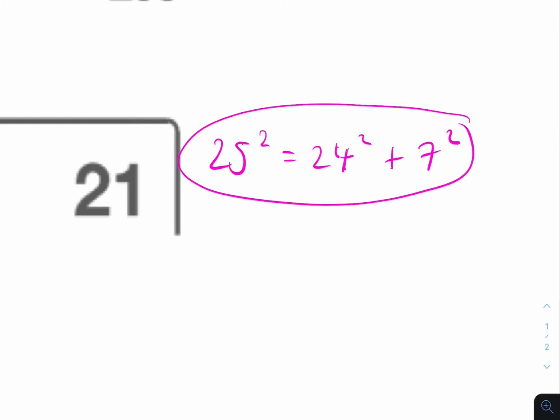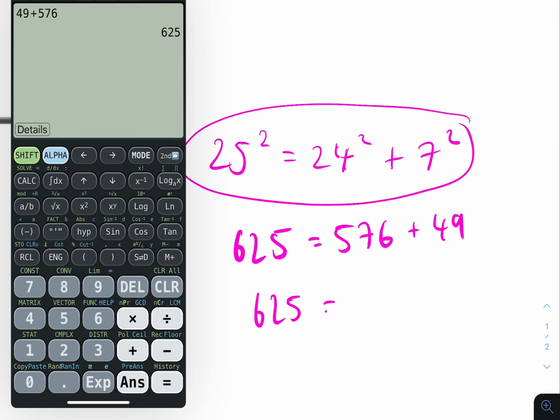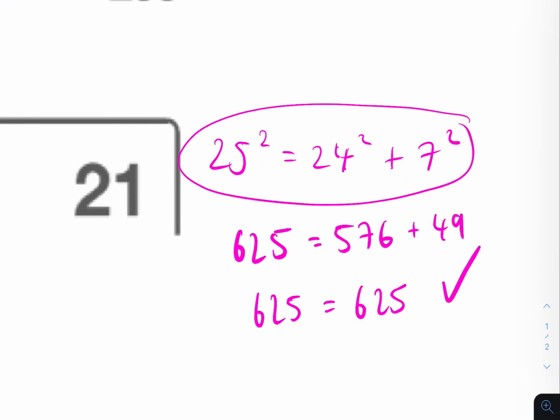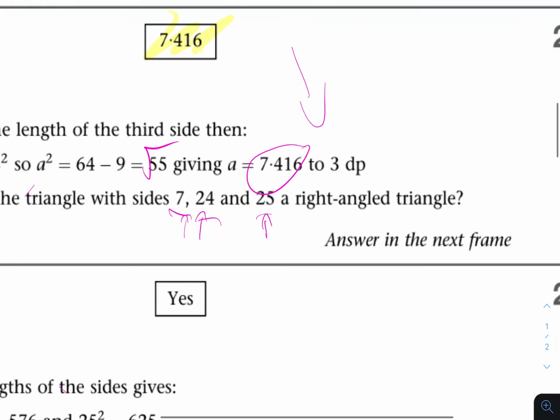If it doesn't equal that, then it's not a right angle triangle. 25 squared is 625. 24 squared is 576. And 7 squared is 49. So 49 plus 576 equals 625. So 625 equals 625, which is correct. It checks out with Pythagoras' theorem. So therefore, this triangle is a right angle triangle. And the answer is yes, it is a right angle triangle. So we got that correct.